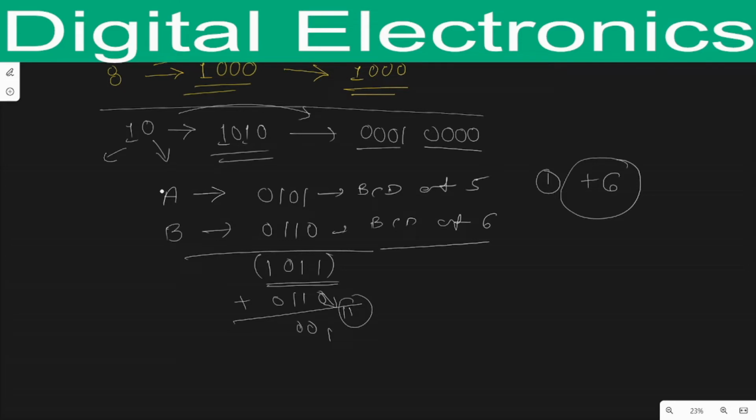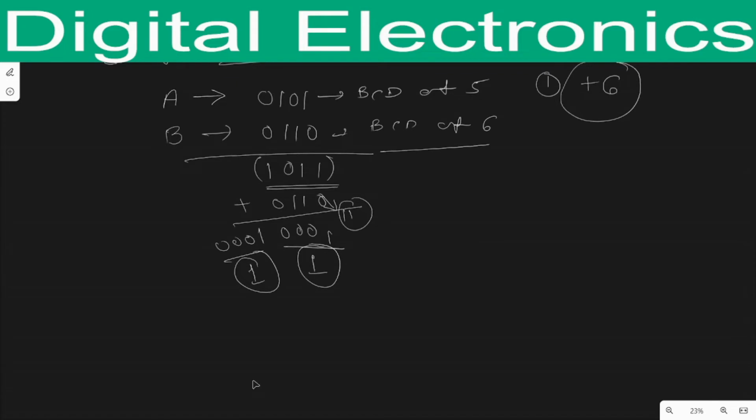Then when we add 6 here, we will get 0001 0001, where 0001 is the equivalent of 1 and 0001 is the equivalent of 1. Then we will get the BCD representation of 11.